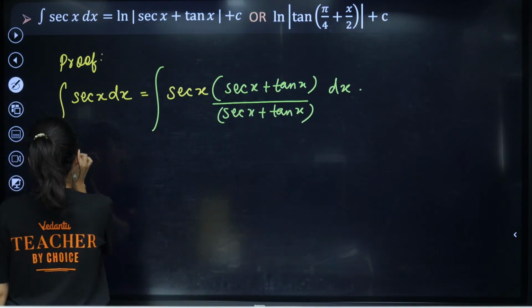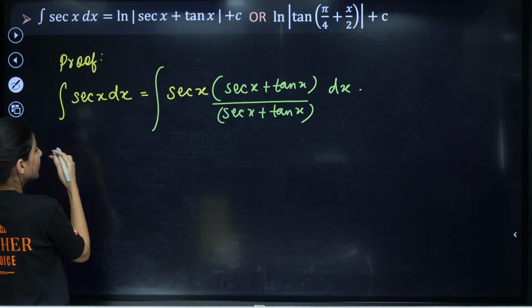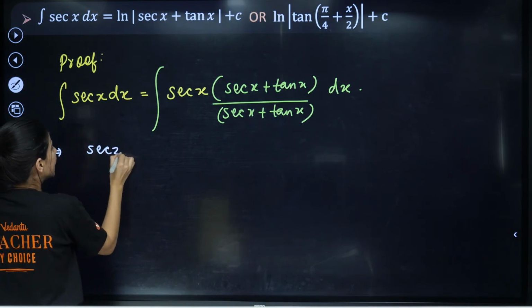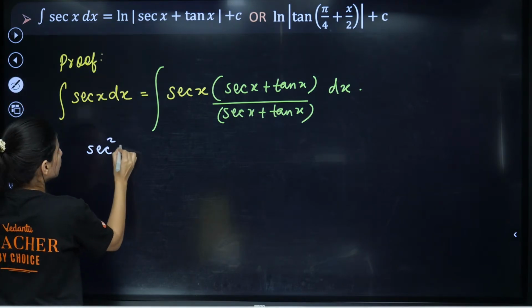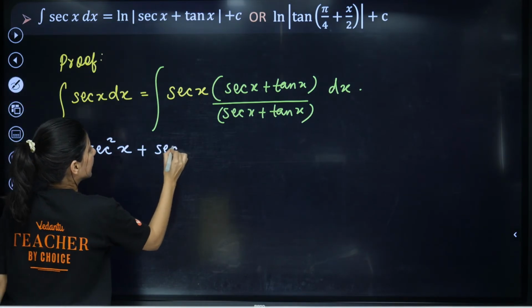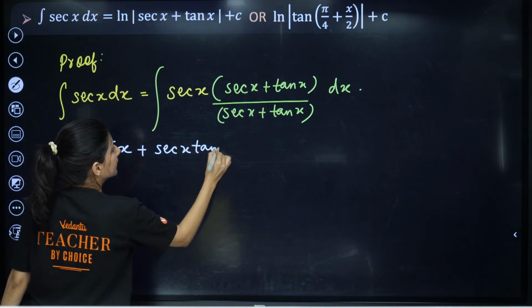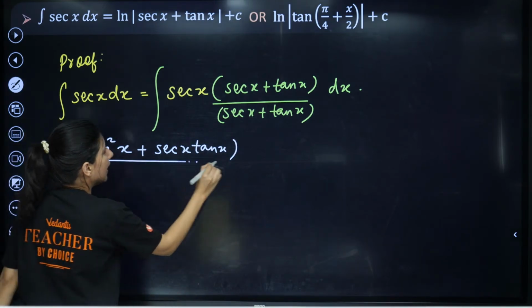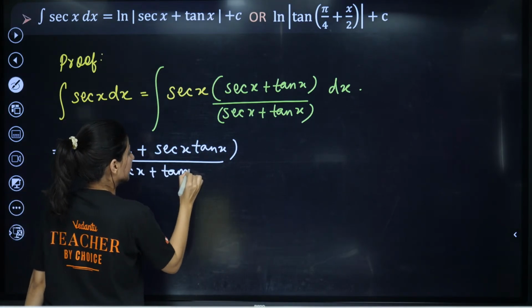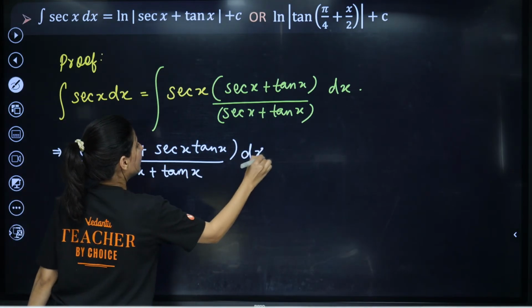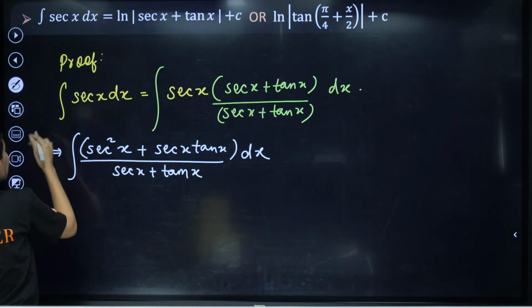Now multiply. The moment you multiply, what will you get? You get sec square x plus sec x tan x upon sec x plus tan x. Remember this, you have to multiply and divide, otherwise how will you integrate?